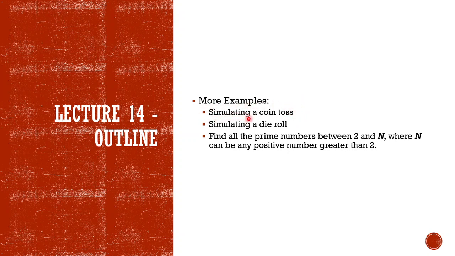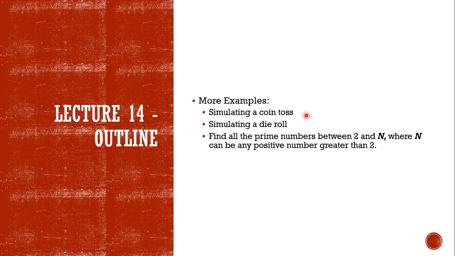So the first problem that we are going to solve is we are going to simulate a coin toss. Okay, so this is going to be a virtual experiment in which we are going to simulate the outcome of a coin toss. Whenever you toss or throw a coin, you get either of the two possible outcomes. You either get the heads or the tails. So we are not going to simulate the actual physical tossing of a coin, and we are only going to simulate the outcome, and we are going to do it using random numbers.